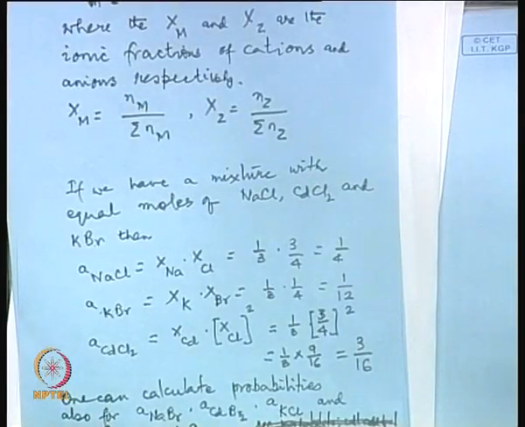You can even calculate probabilities of finding Cd Br together, not Br2, 1 Cd, 1 Br, 1 Cd, 1 chlorine in the neighborhood. All these activities will add up to 1, because then you will exhaust all possibilities of combinations.